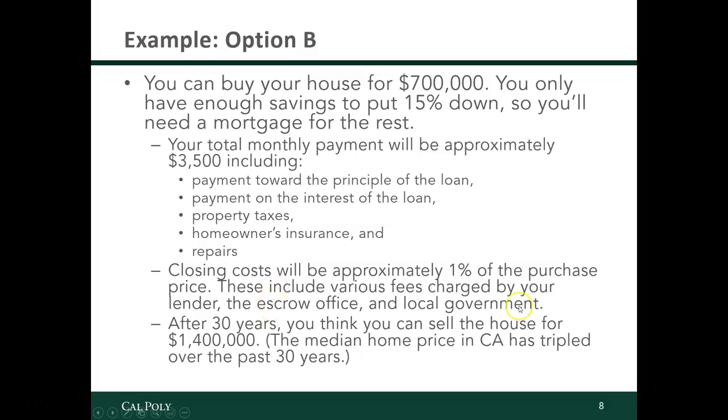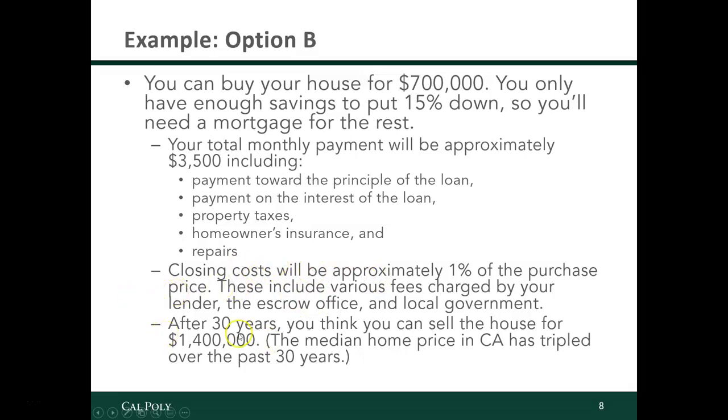And also the local government is going to ask for some recording fees and various things. Also, your lender might charge what's called an origination fee on that loan, which is basically money to thank them for their services. Also, there are points that you can add. We'll learn more about loans later on, but these are all things that will go into the closing costs. That is money that you will never get back.